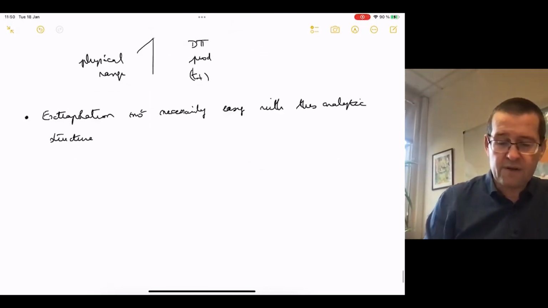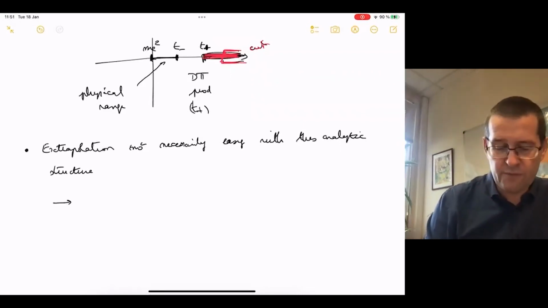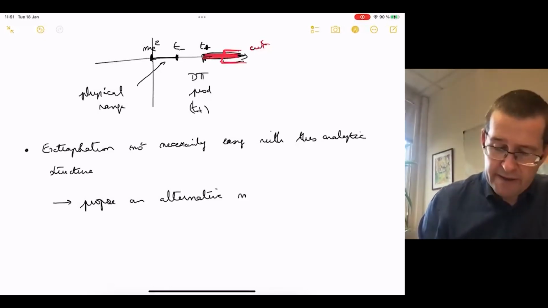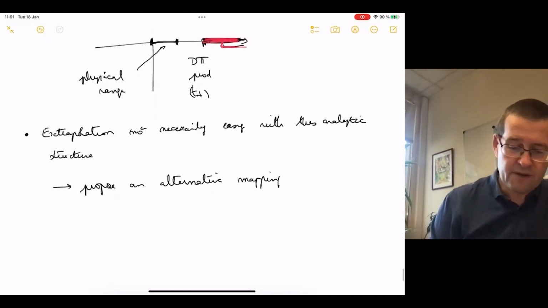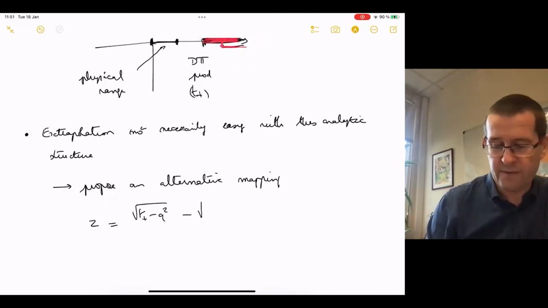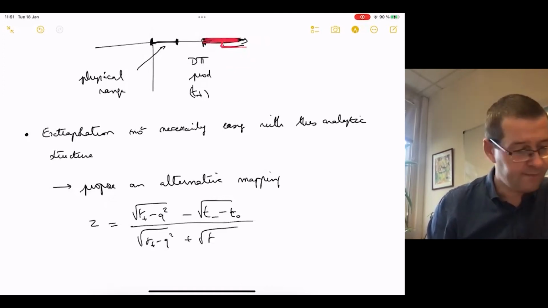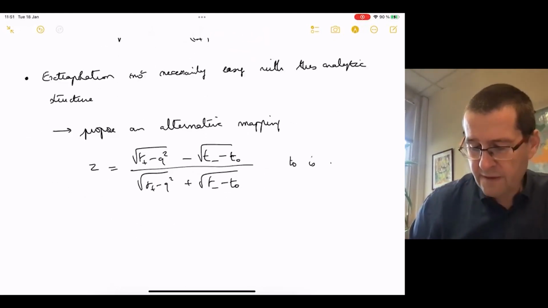And so that has quite often led to proposing an alternative mapping to describe this, which is called the z expansion. So typically what you will do is build a quantity which is this one, where t0 is arbitrary.